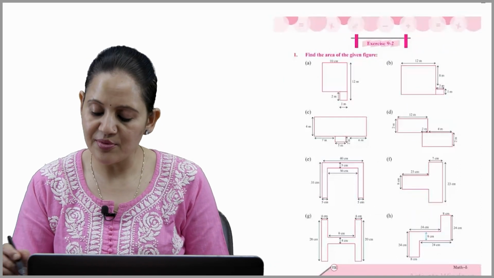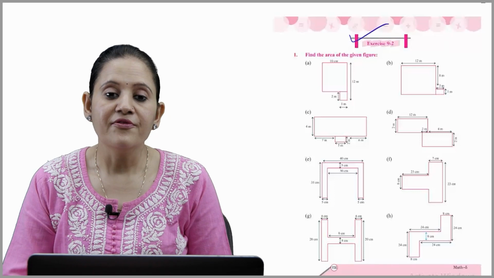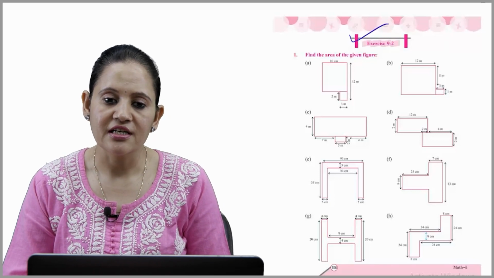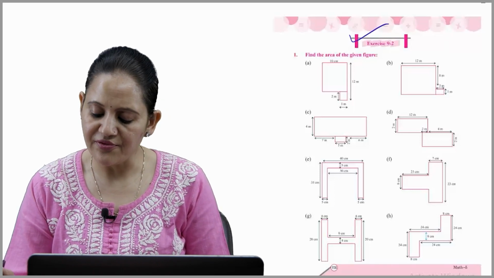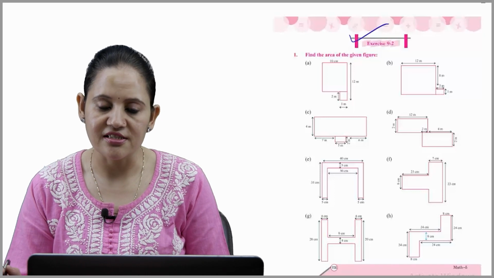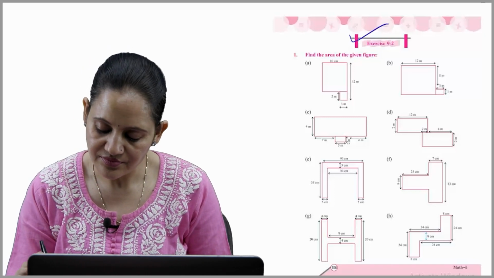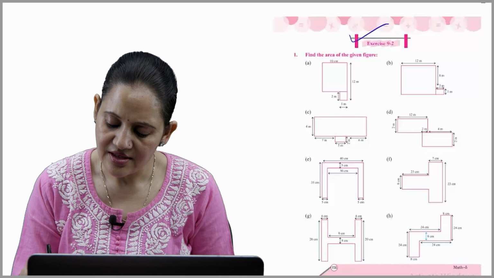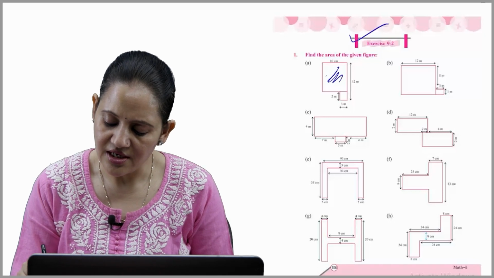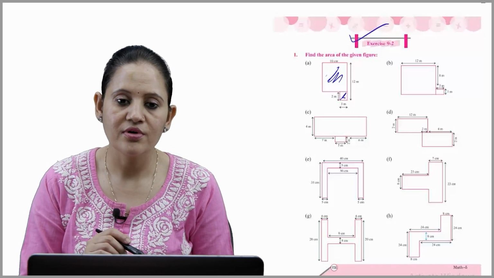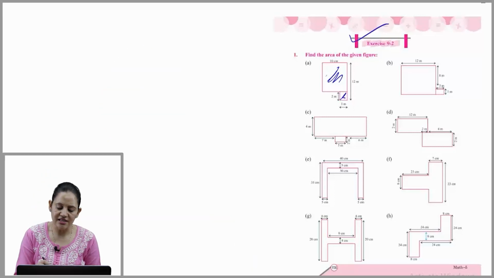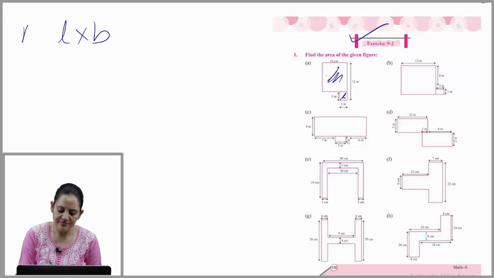Next is exercise 9.2. Find the area of the given figure. So what we'll do? First we'll divide the given figure into rectangles. Here 1 and 2. Clear? So first rectangle की बात करते हैं. L into B, that is the area.